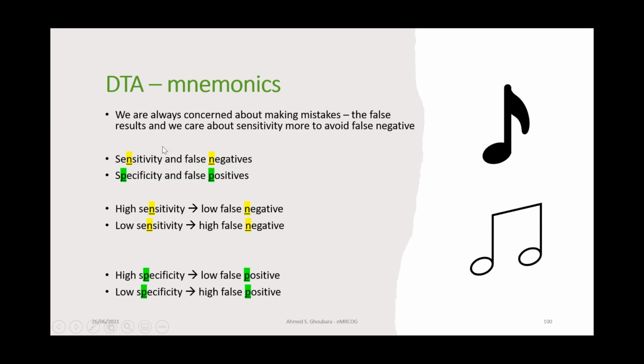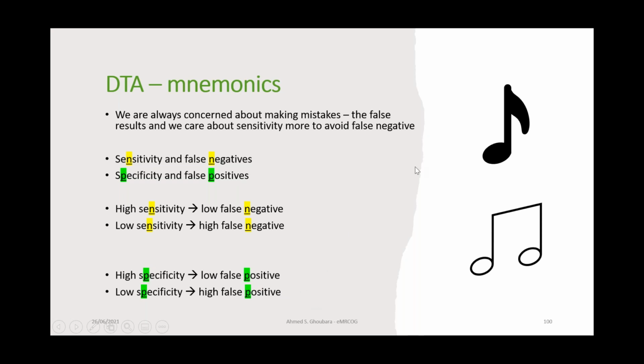They are opposite to each other. For specificity, the other way around with the P: high specificity, low false positive; low specificity, high false positive.